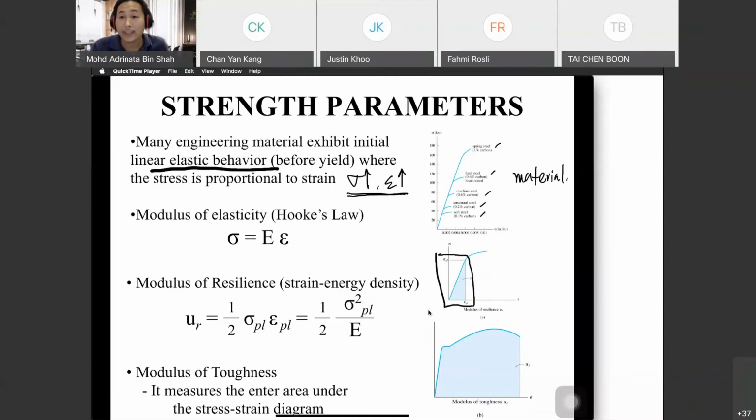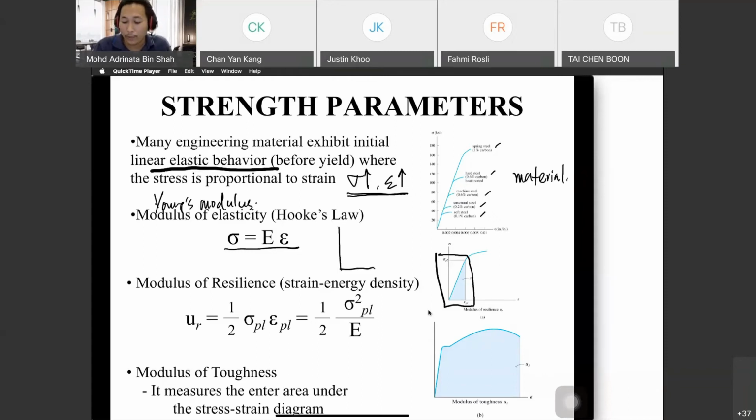Only in the elastic region do we have the modulus of elasticity, where sigma equals E, the modulus of elasticity or Young's modulus, times strain. Okay, just a recap.